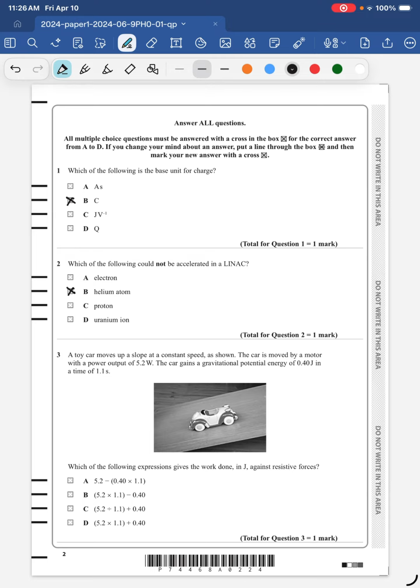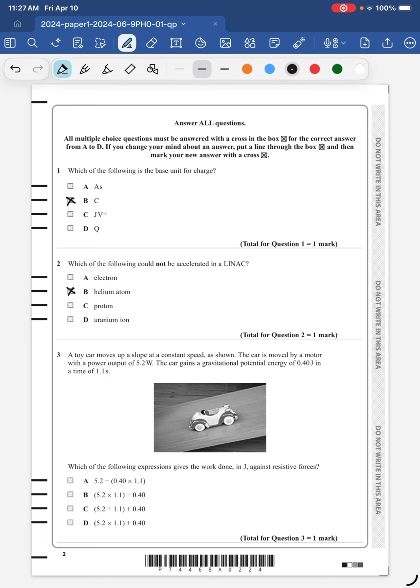So you cannot accelerate anything that is electrically neutral. So you need some sort of charge. And the uranium ion actually has charge because you form that by stripping the uranium of its electrons, so it becomes an ion, which means that it's positively charged, which means you can accelerate it. So option B is the correct one.